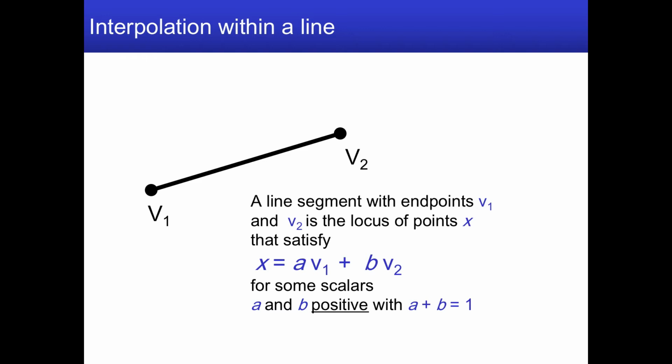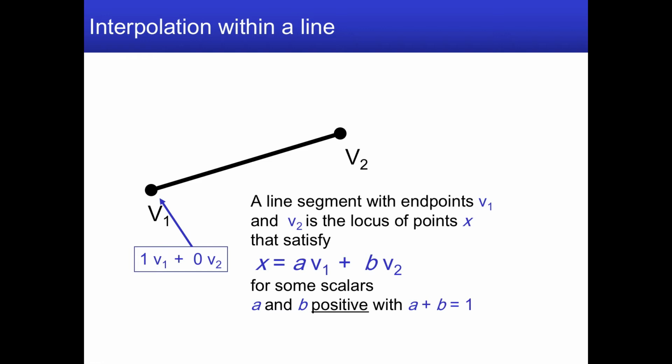Interpolated means both weights are positive and they sum up to 1. So for example, this is 1 v0 plus 0 v2. What will happen to a vertex, let's say, here? Which weight will you put?